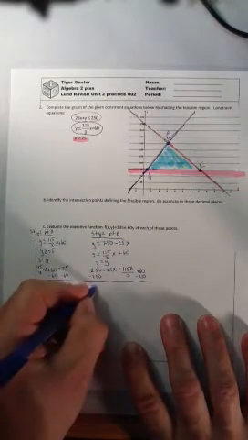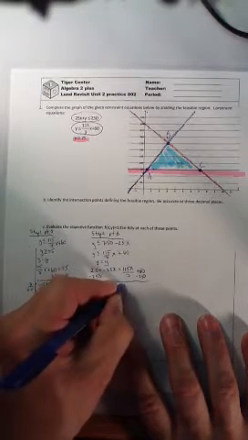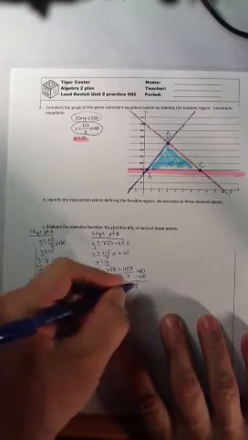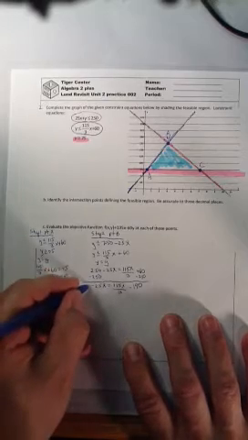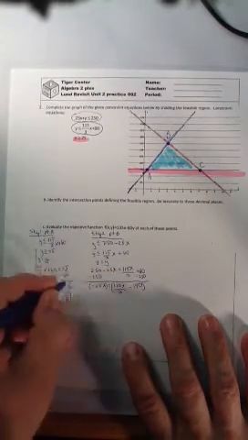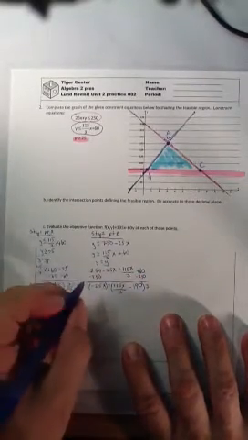We get negative 25x equals 115x over 3 minus 190. I really don't like these fractions, so let's multiply everything by 3, both sides of the equation. That way we can get rid of this ugly fraction.